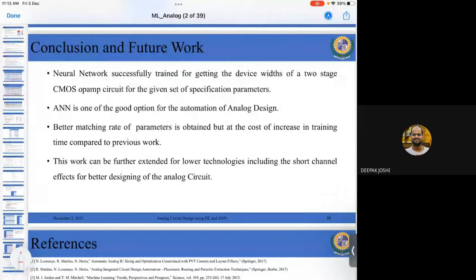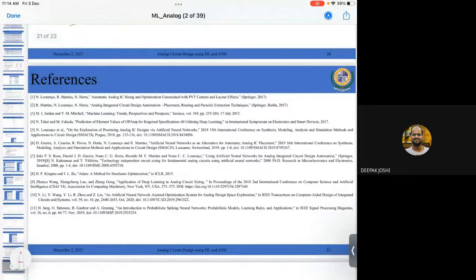Okay, so future work includes a number of improvements: you can increase the matching rate, and short channel effects can also be taken care of in this training, and there are some targets. Some references are also given, so you can start.